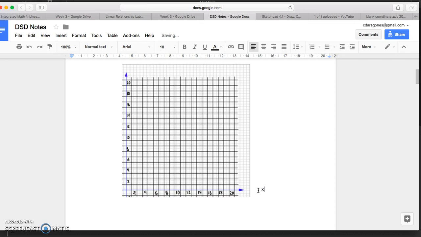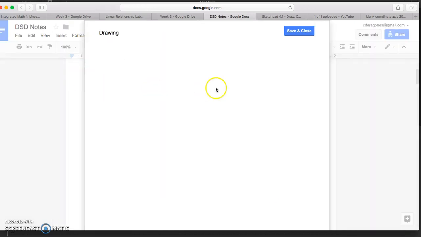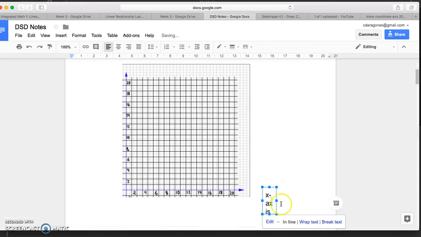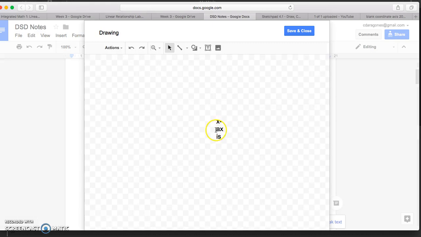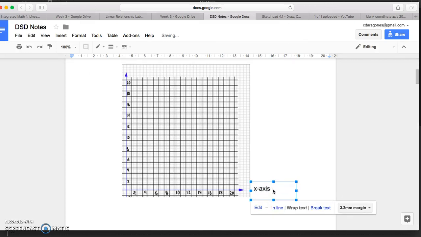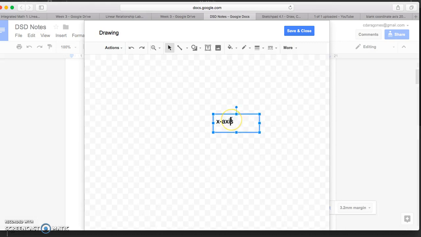Okay, so this is your x-axis. It is the independent variable, so I'm going to add that.